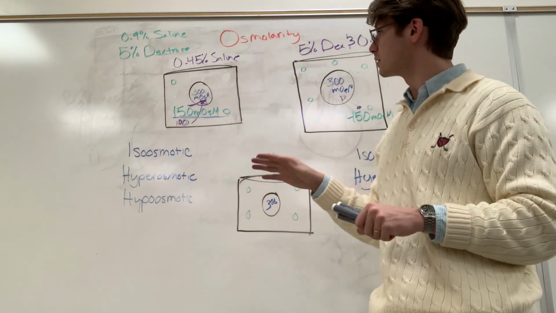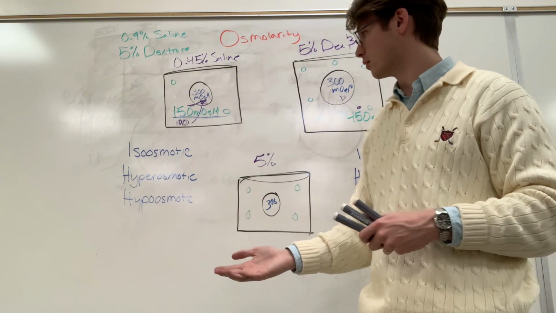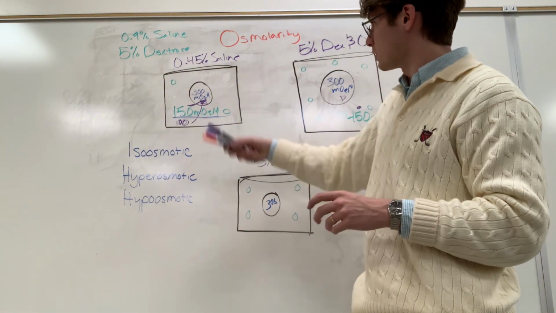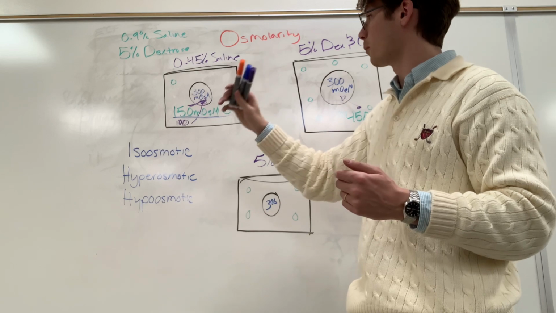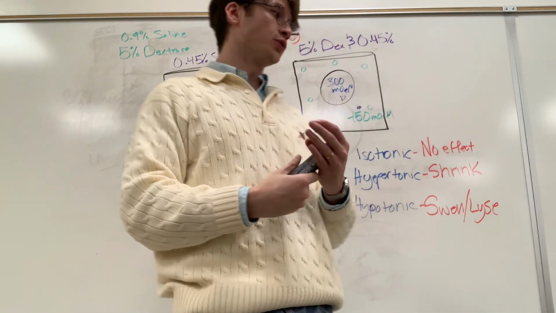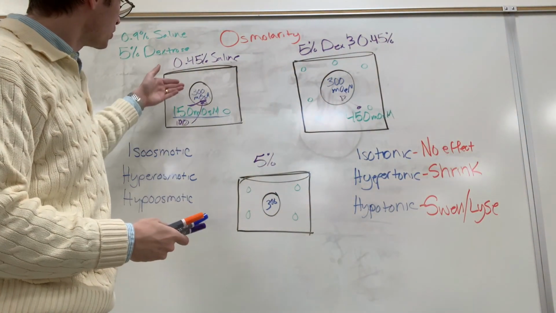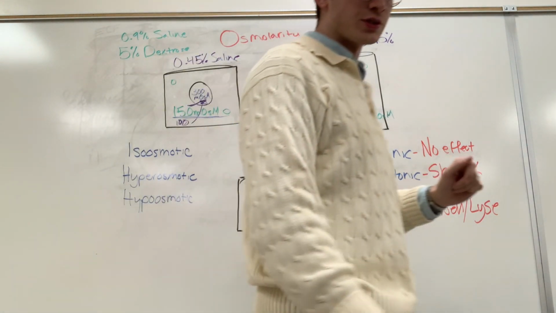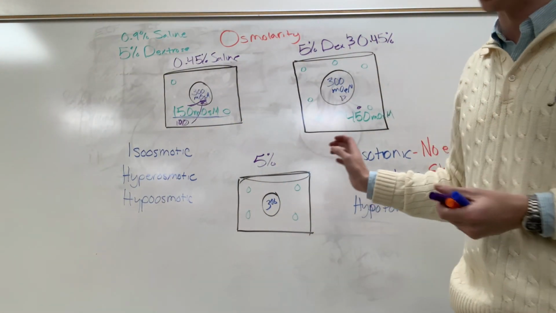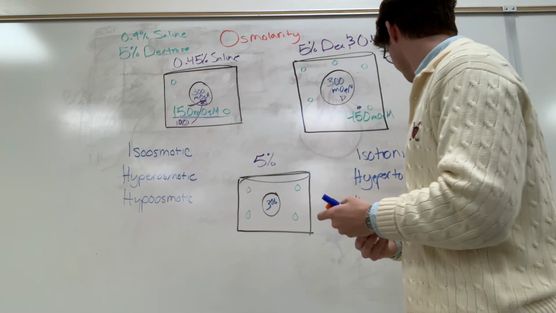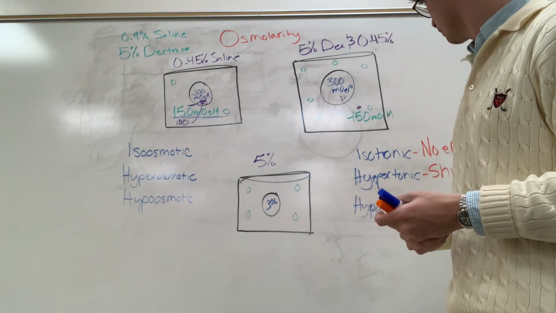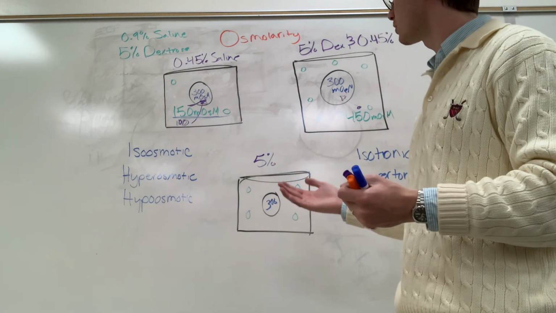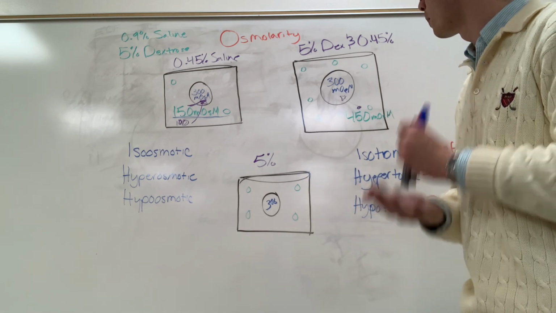But because the saline cannot get into the cell, we're going to keep the same concentration, so 300 and say 150. So tonicity-wise, because we still have more on the inside than on the outside, we're going to refer to this as a hypotonic solution as well.